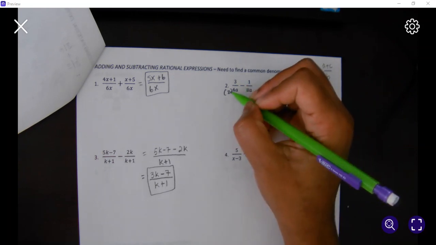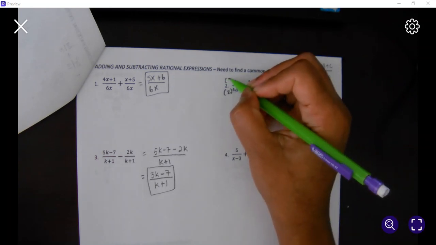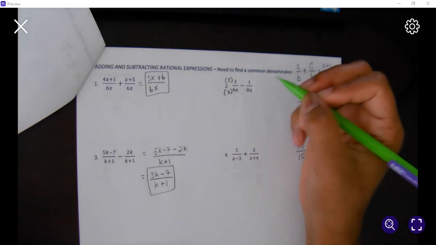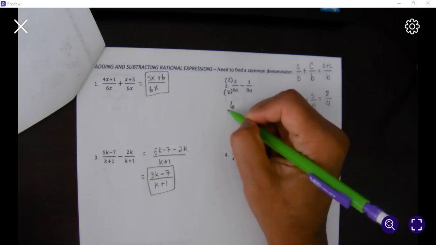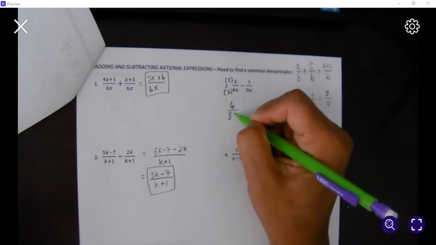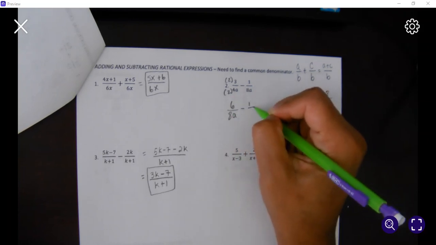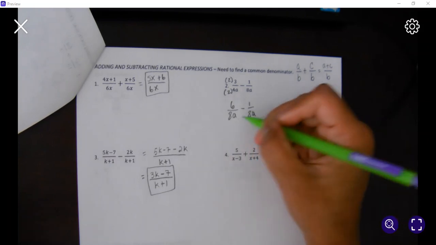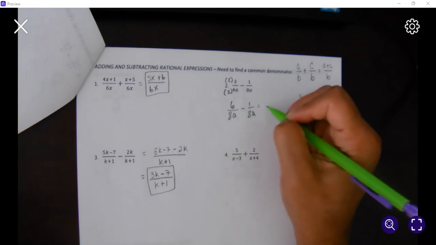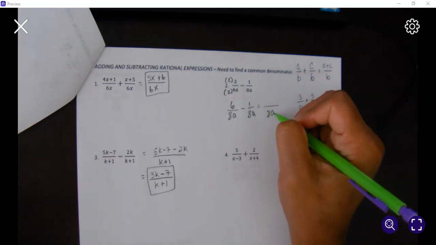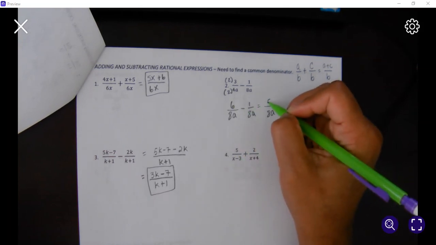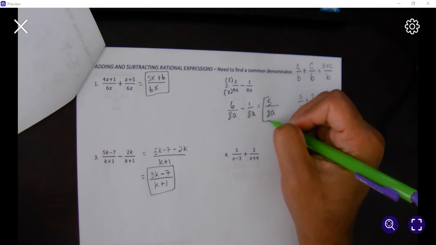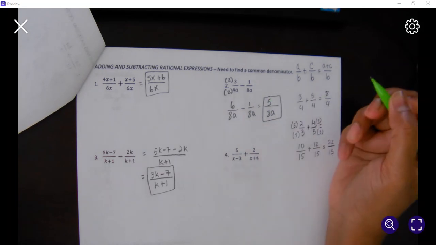But if I multiply the denominator, I have to multiply the numerator as well. So you have 2 times 3, which is 6, over 8a, minus 1 over 8a. Now that I have a common denominator, I just bring it over, and then you have 6 minus 1, which is 5.